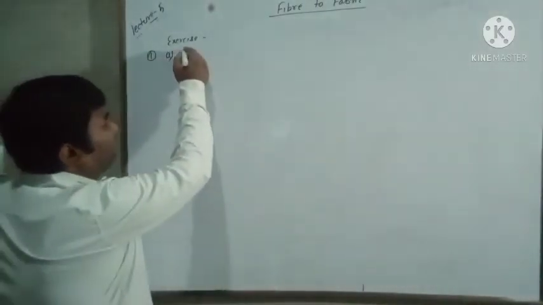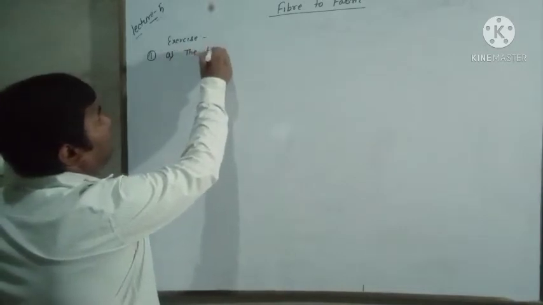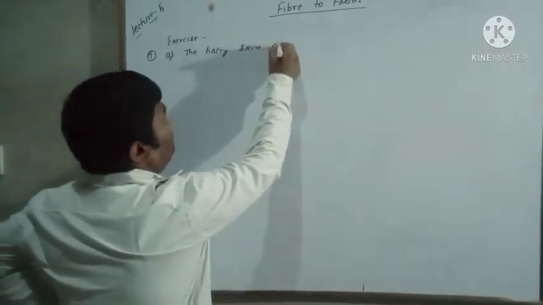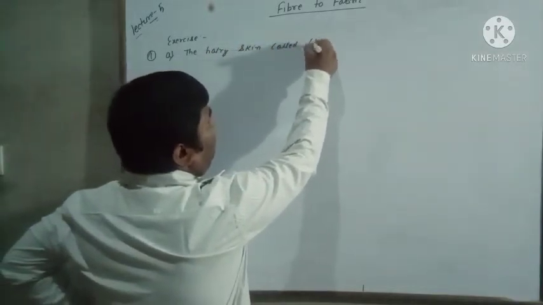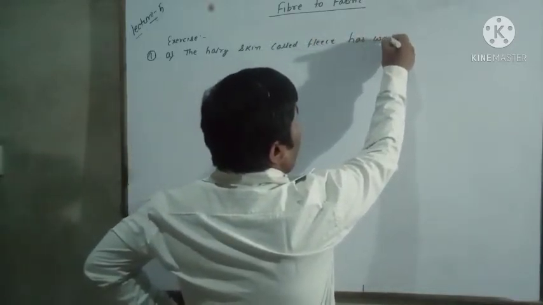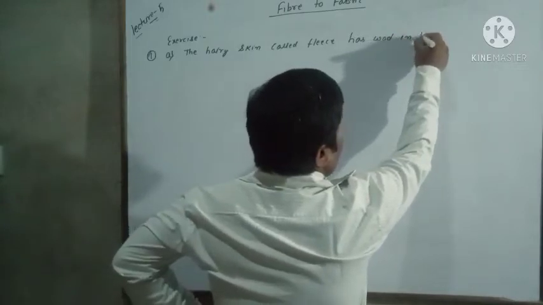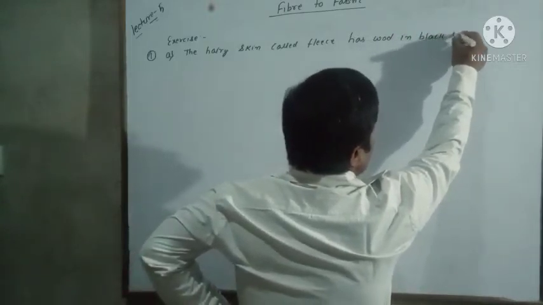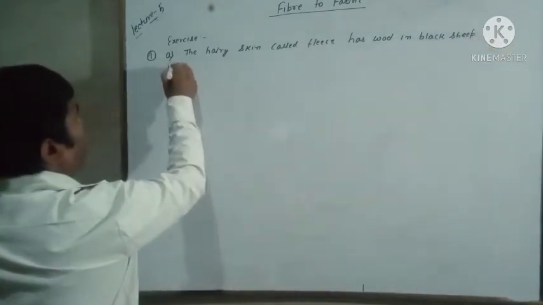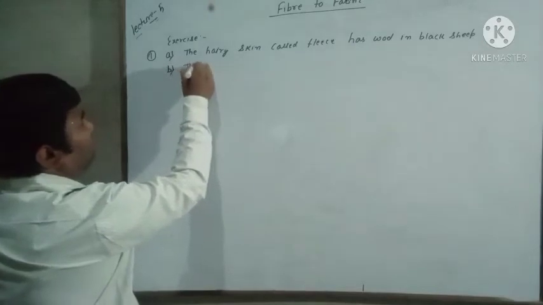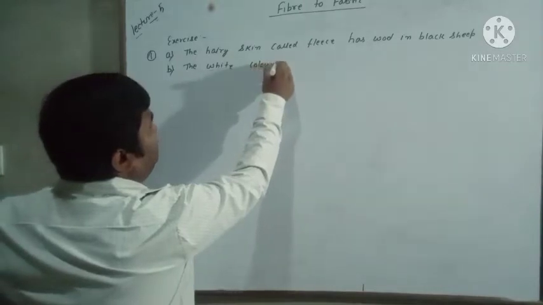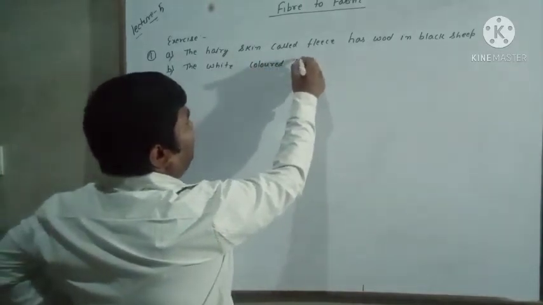So in first A, the hairy skin called fleece has wool in black sheep. B, the white colored hairy skin.